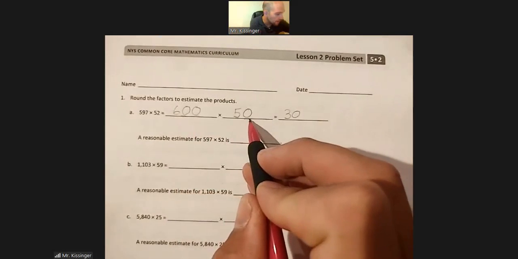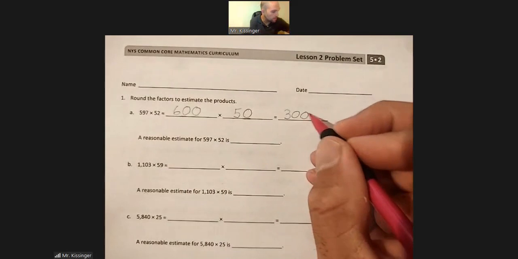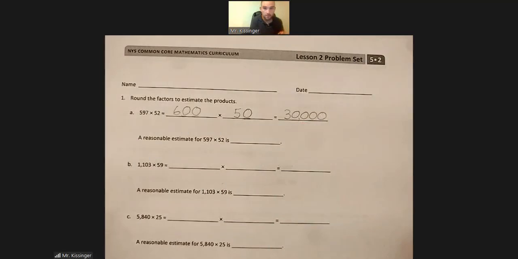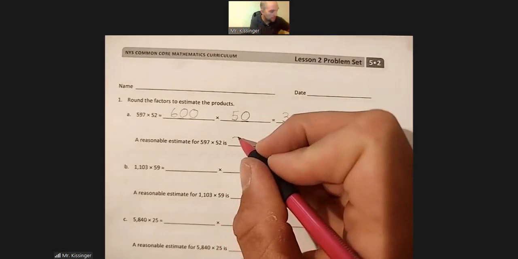We're just going to take these zeros, and we're going to add them to the end of our product. So we have 1, 2, 3 zeros. We'll add 3 zeros to the end of our product, and that will leave us with 30,000. So a reasonable estimate for 597 times 52 is 30,000.